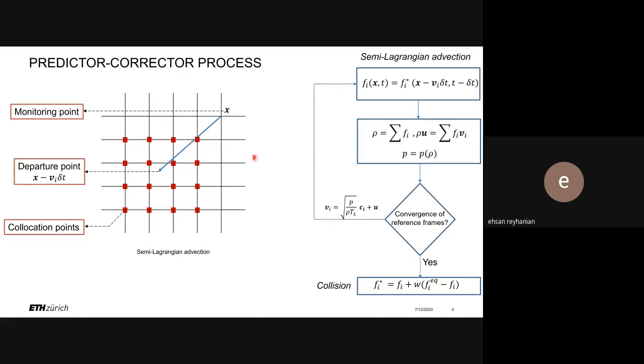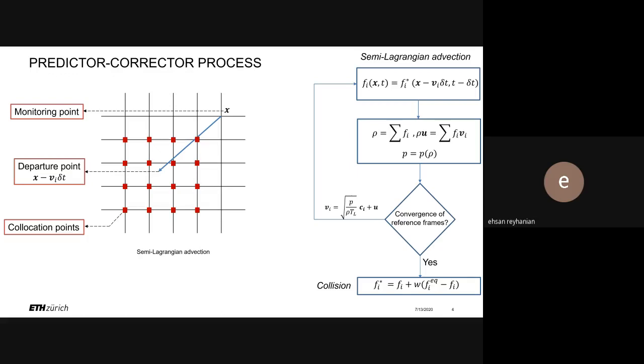Here, the information at the monitoring point X is updated by traveling back in time through the characteristics until the departure point is reached. And since the departure point is an off-lattice point, a few collocation points around the departure point are needed to interpolate for the desired information, or in this case, the F population.